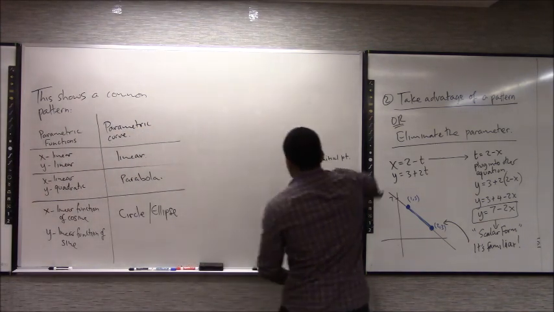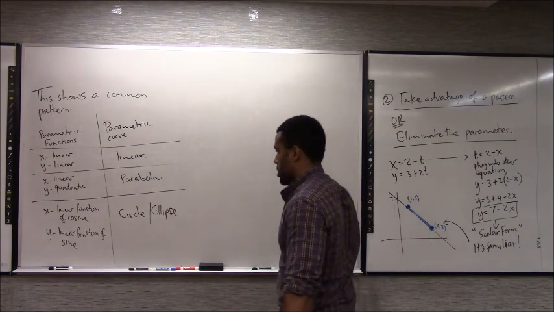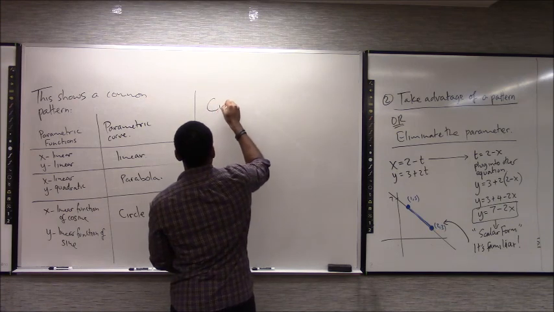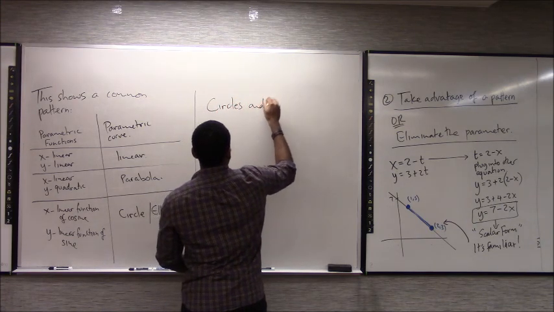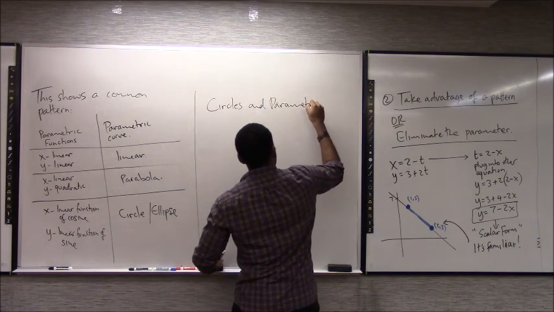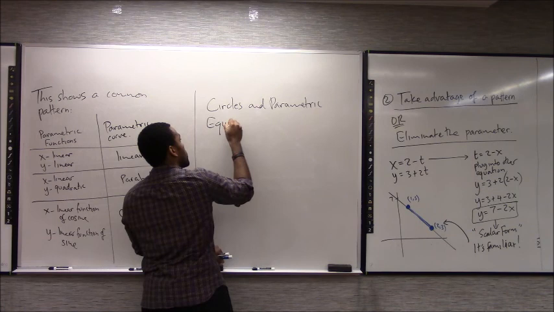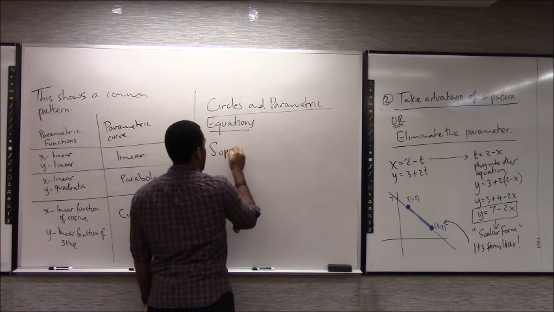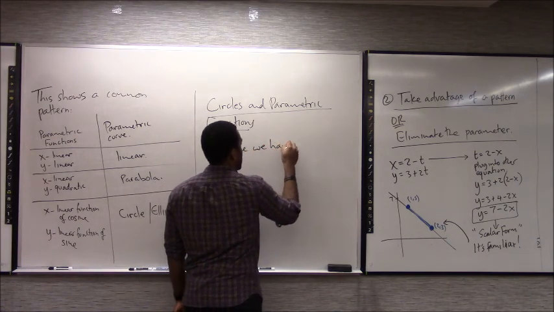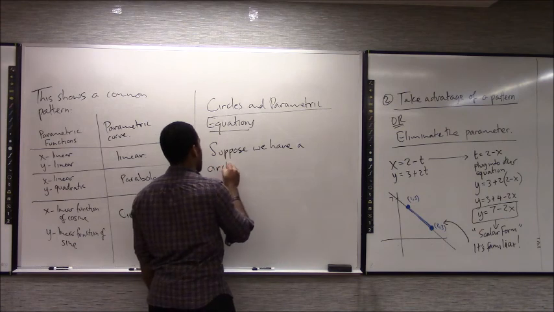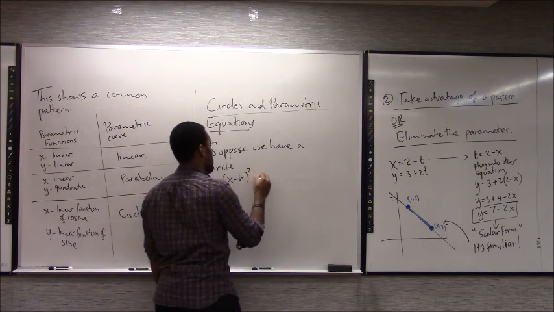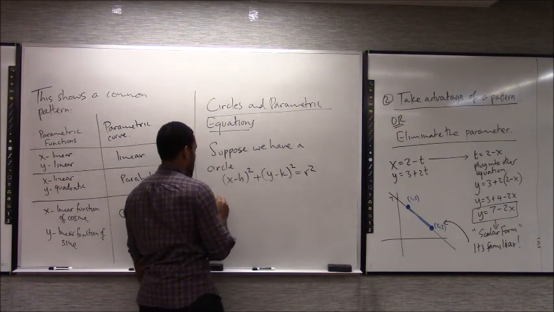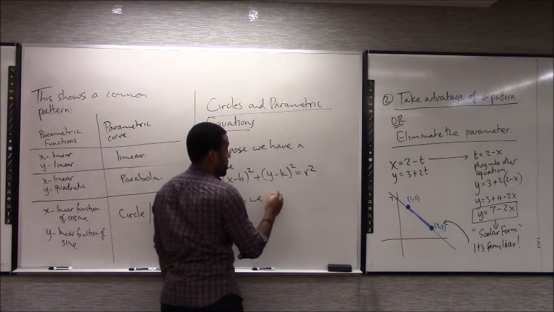So let's look at a circle actually. Let's look at circles. These are very common. Suppose we have a circle (x minus h) all squared plus (y minus k) all squared equals r squared.